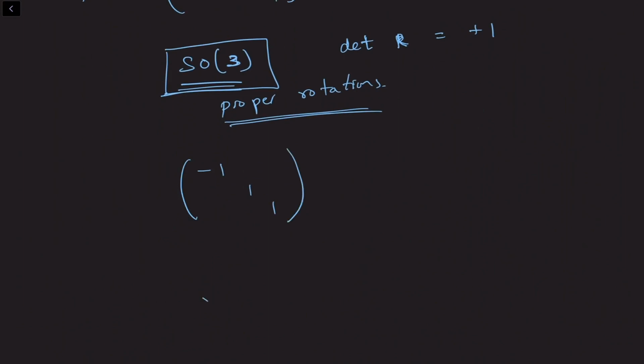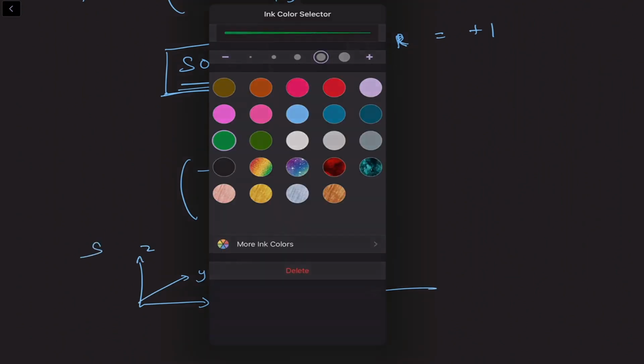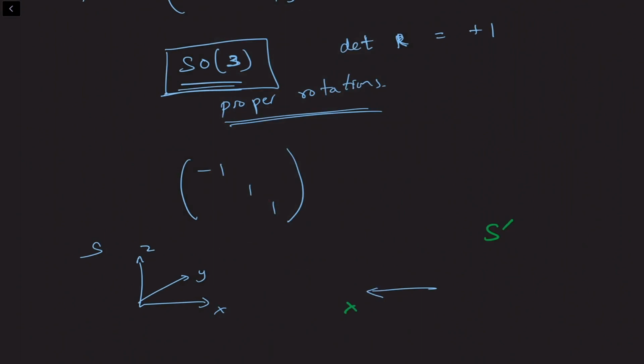This takes us from an observer S with axes x, y, z to an observer S prime with axes x, y, z, where only the x-axis is fixed.